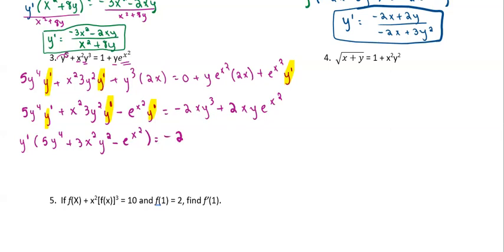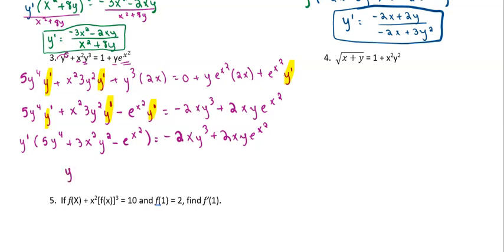And then we have 3x squared y squared minus e to the x squared equals negative 2xy to the 3rd plus 2xy e to the x squared. And we've got it moved to the front, so now we can divide by this whole huge thing that's being multiplied by our y prime. So divide by the whole thing.